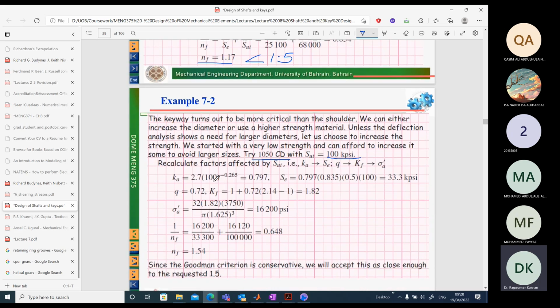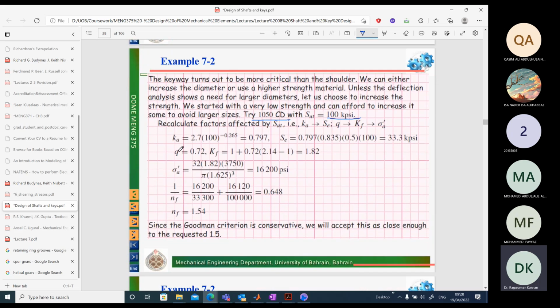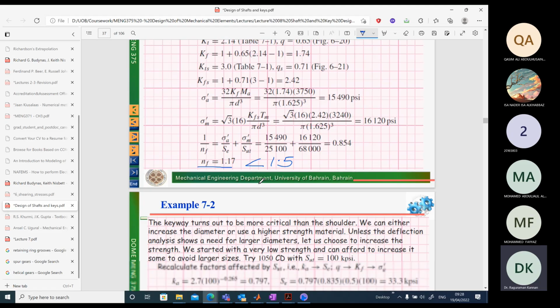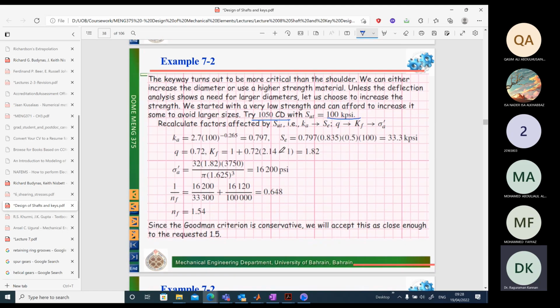Let's see here, 1.74 according to the table given over here. Okay, the SE value has changed. Q value is 0.72. Now why is this?